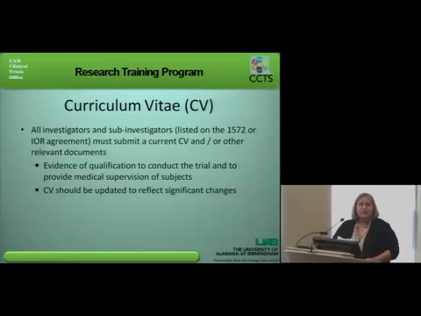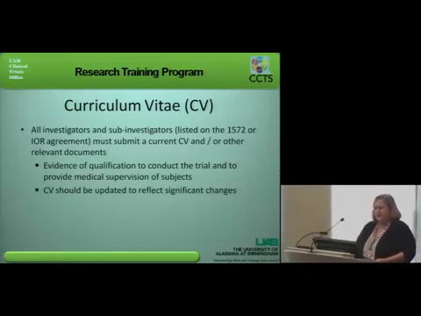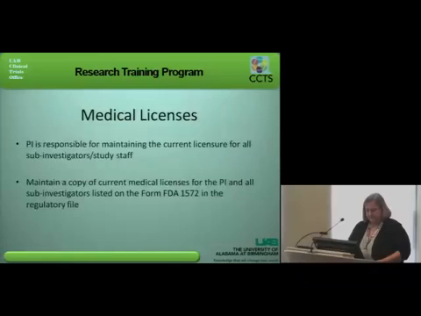Some sponsors require that the CVs be hand-signed and hand-dated. The CV is for what reasons? It's evidence of qualifications to conduct the trial and to provide medical supervision of subjects. Again, it shows that they are qualified to do what they say they're going to be doing.